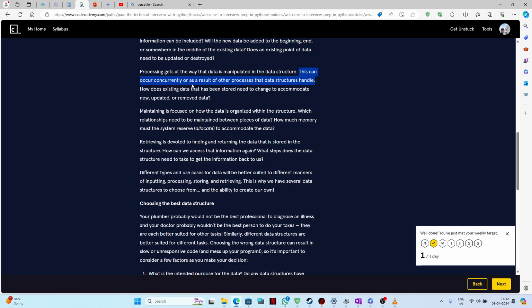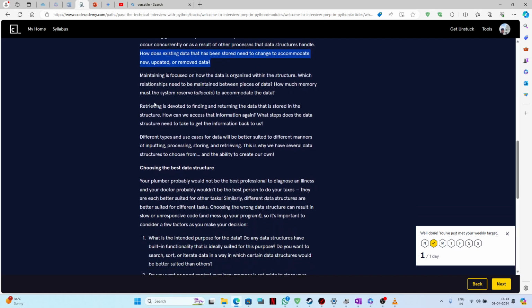This can occur concurrently or as a result of other processes that the data structure handles. How does existing data that has been stored need to change to accommodate new, updated, or removed data? That comes under processing: inputting, processing.